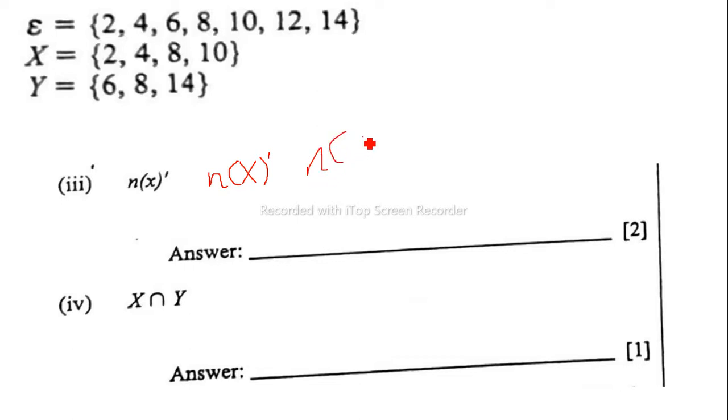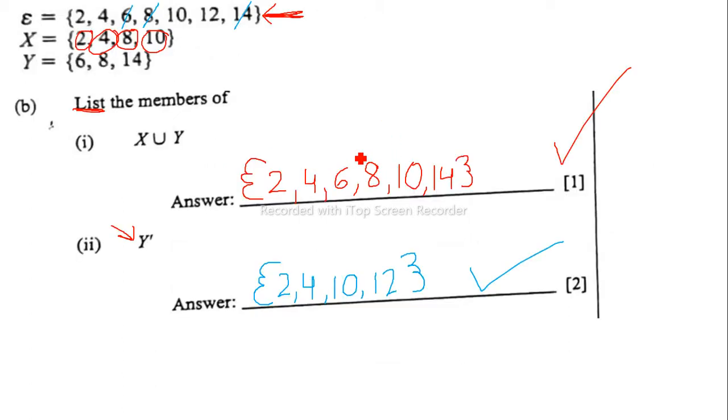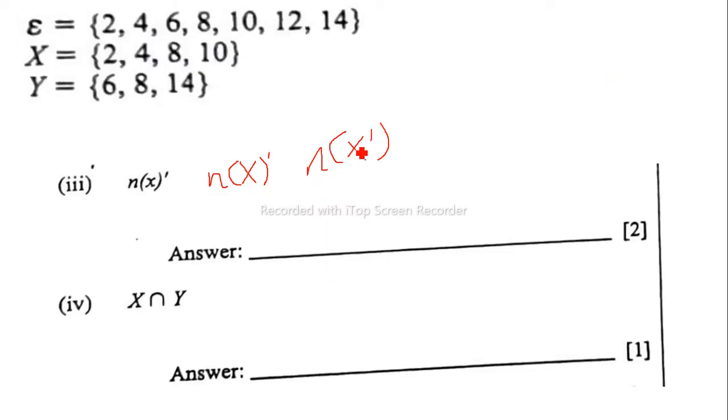So it's supposed to be like this, and that's really to show the complement there. This one, they made a mistake with the notation. It's not supposed to be a small x, and that prime is not supposed to be on the outside of it.